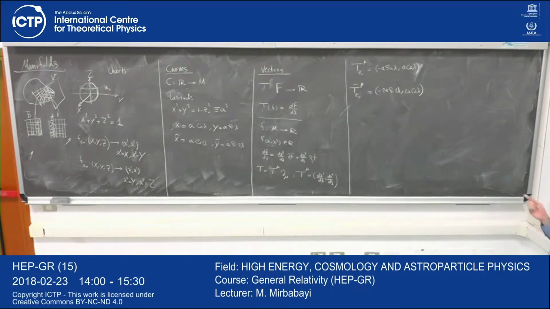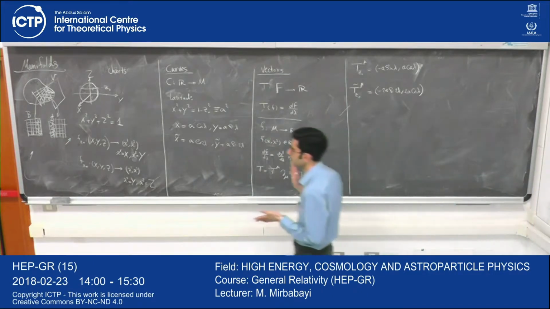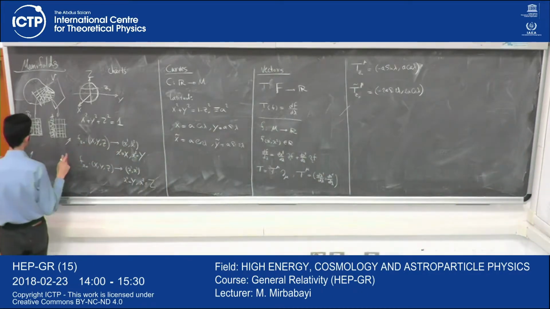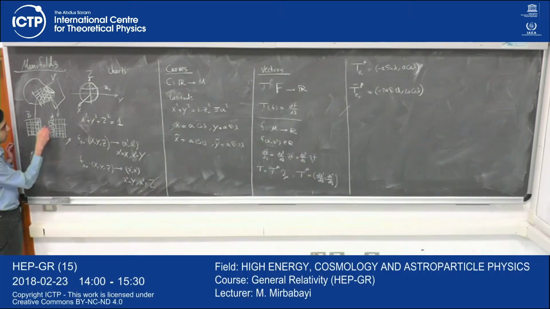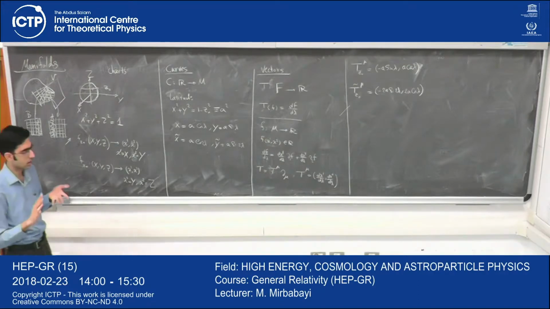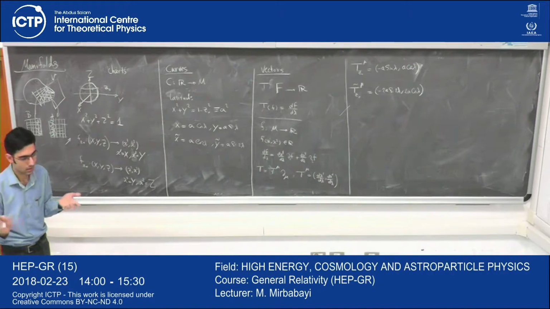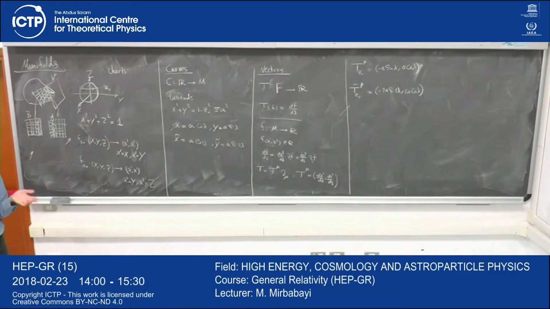Of course, now one can ask what is the connection between components of vectors if we have two charts that are overlapping with each other. The relation between components is exactly what you already know.